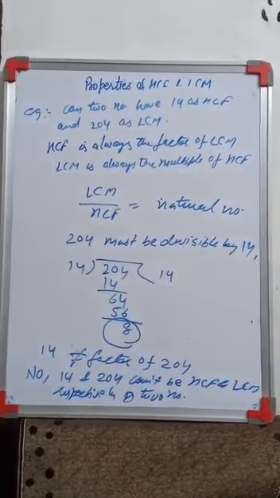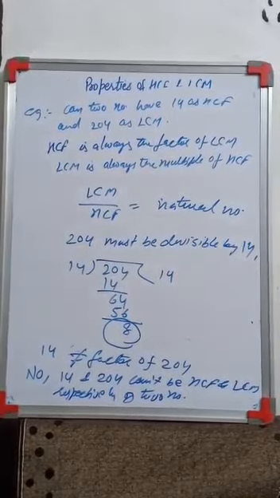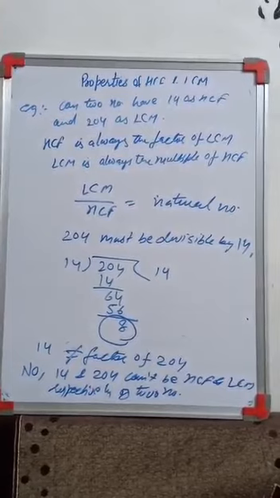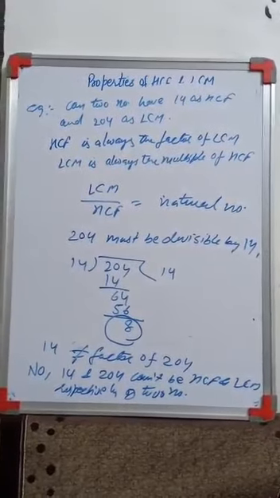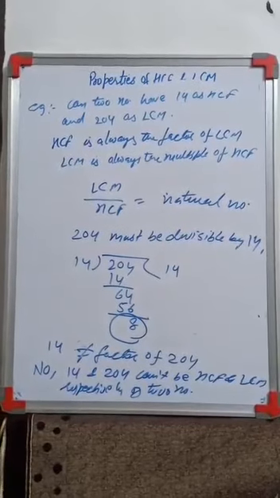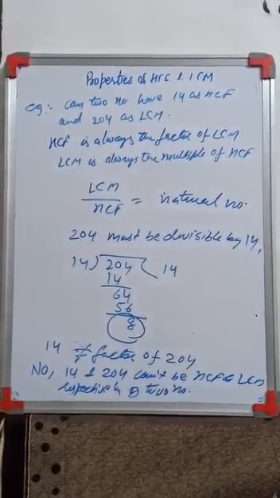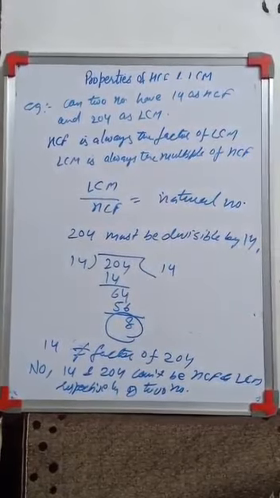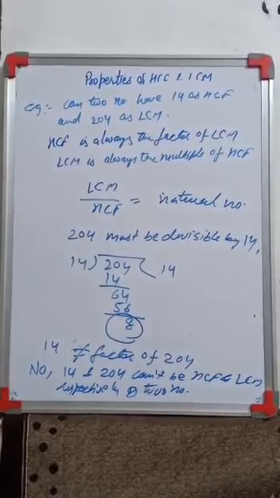That means if you want to check whether a pair of HCF and LCM is valid, you just need to check that the LCM should be a multiple of HCF, or HCF should be a factor of LCM. That means your HCF should divide the LCM completely. The LCM should be completely divisible by HCF, then only the HCF and LCM can belong to a pair of numbers, right? So in this way you will solve the exercise.